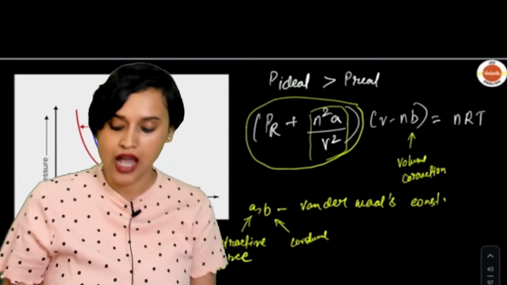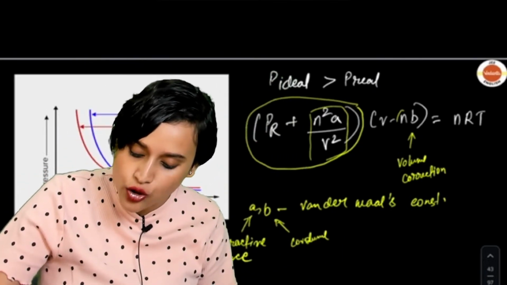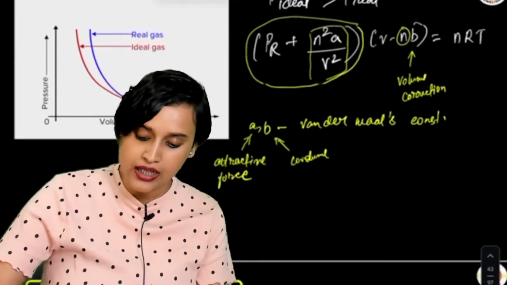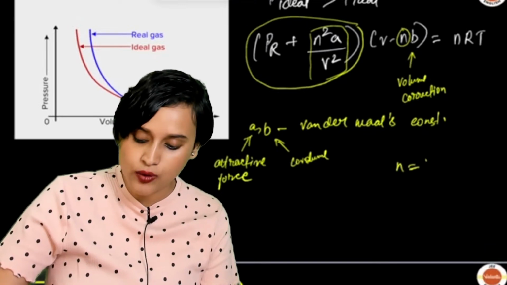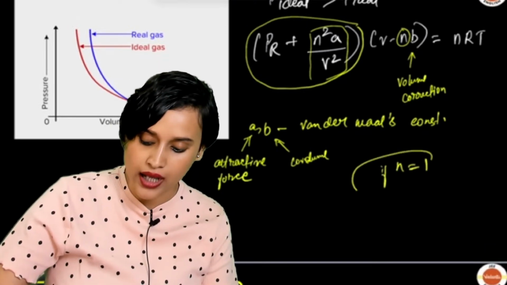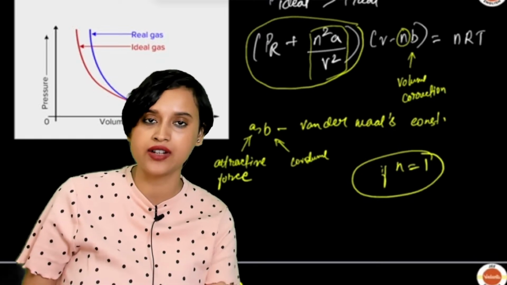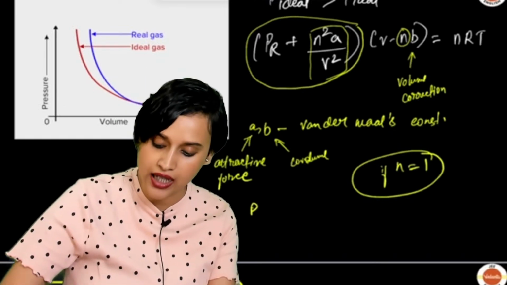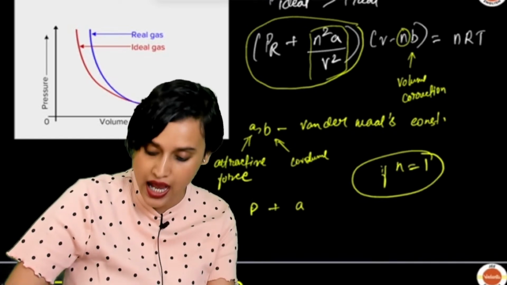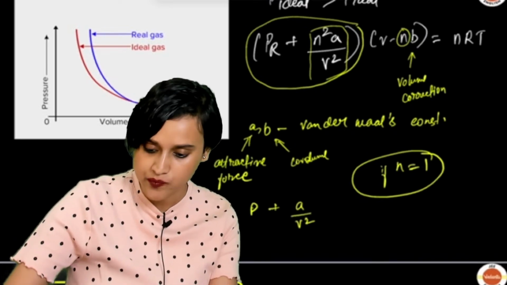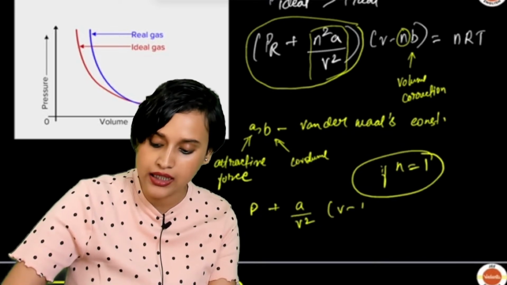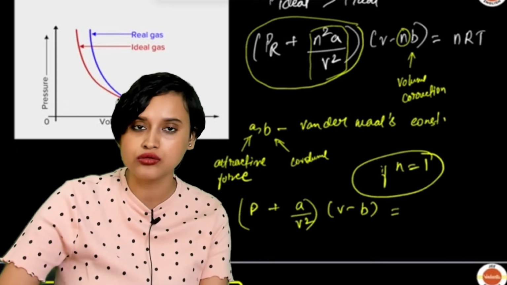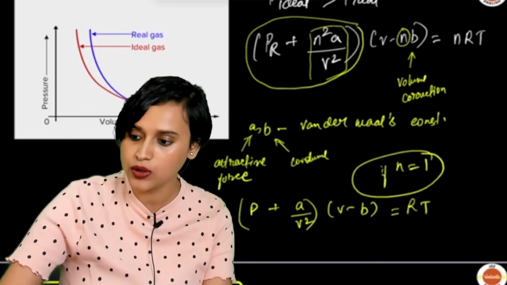Now, everybody. Now, if I consider this n to be 1. If I consider that n is equal to 1, okay, let's just say that n is equal to 1. If n is equal to 1, then what will happen to this formula that I have written? If my n is equal to 1, that means that I will get something like (P plus a by V square) and then (V minus b) is equal to RT.